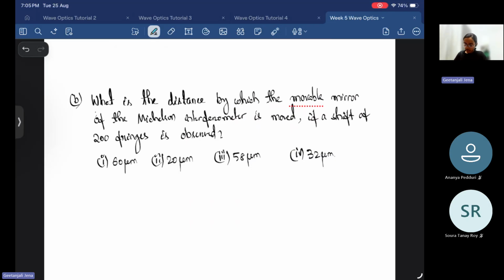It's a continuation of the previous question. Given what is the distance by which the movable mirror of the Michelson interferometer is moved if a shift of 200 fringes is observed.